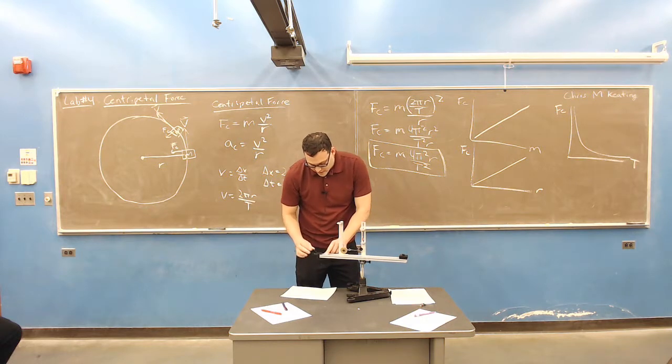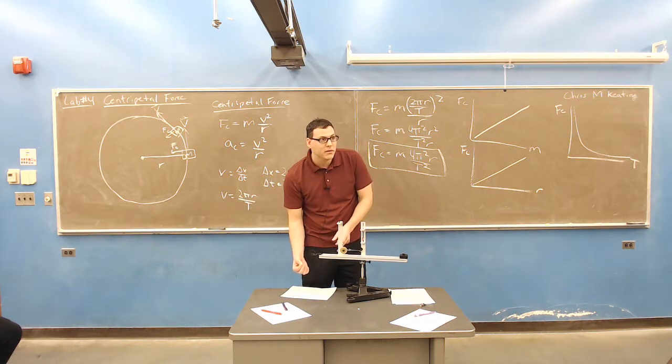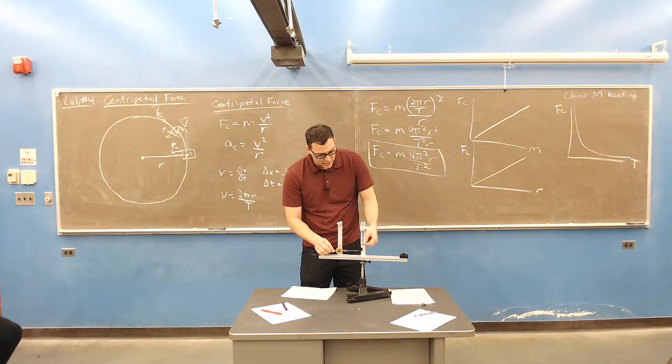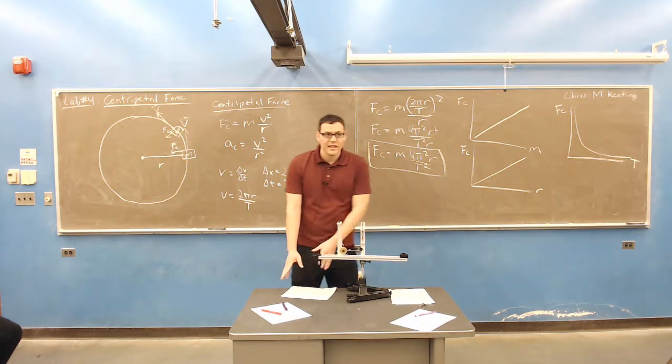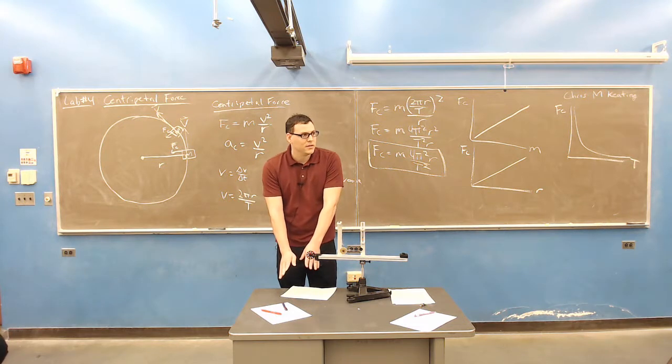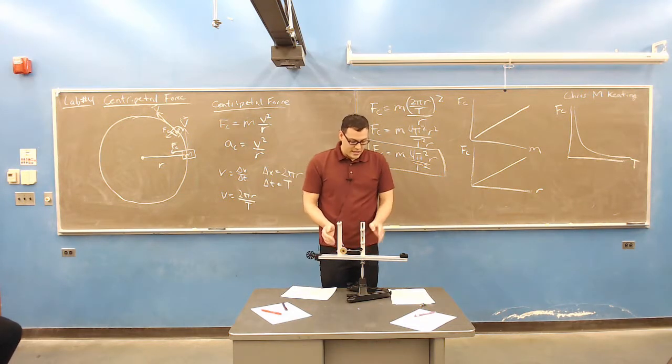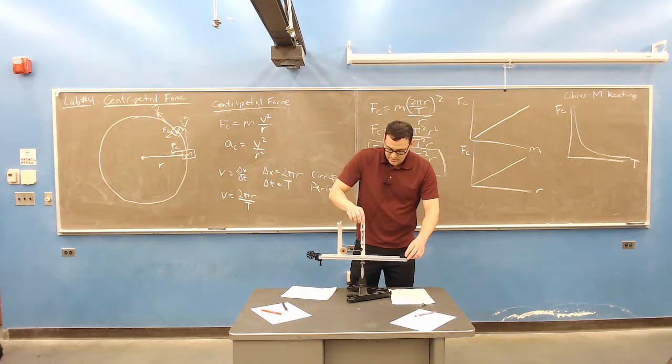So the weight is going to hang off the end, so you know mg, which is the force. It's going to pull that down, and then you're going to adjust this guy to match wherever the bright thing is. All right, then you're going to take the hanging weight off. And it's going to do what I did here, and then you're going to spin it.